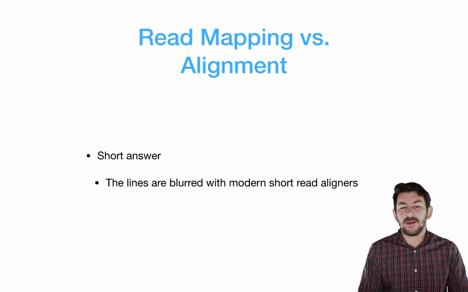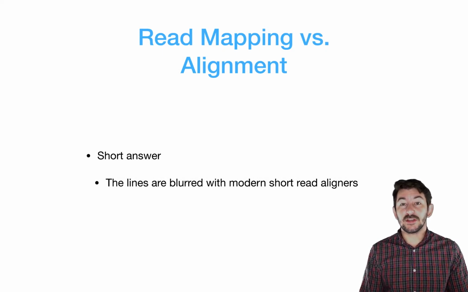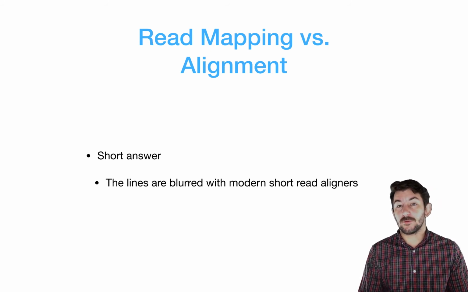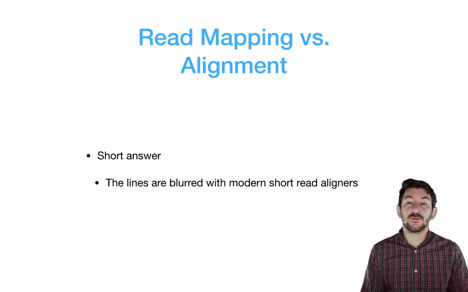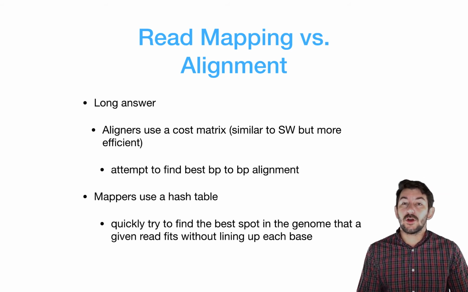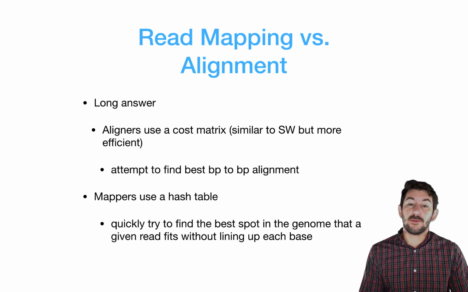So something that comes up is, what is the difference between mapping and alignment? And really the short answer these days is that there isn't a huge difference, because most modern read mappers or aligners tend to use a little bit of both kind of strategies. The longer answer is that aligners are basically a higher throughput version of the traditional alignment we talked about.